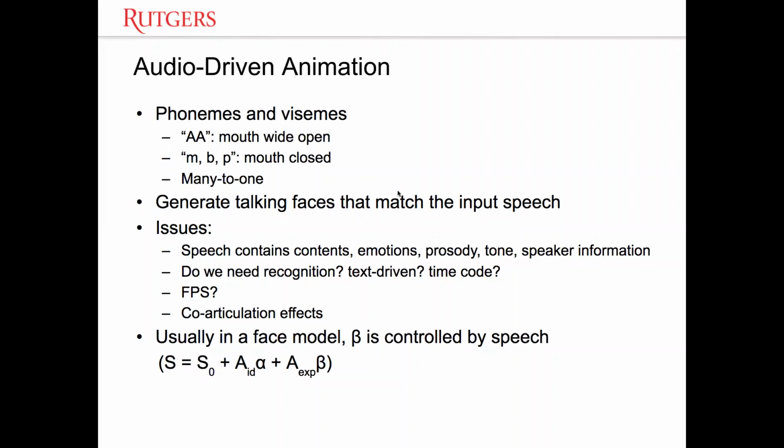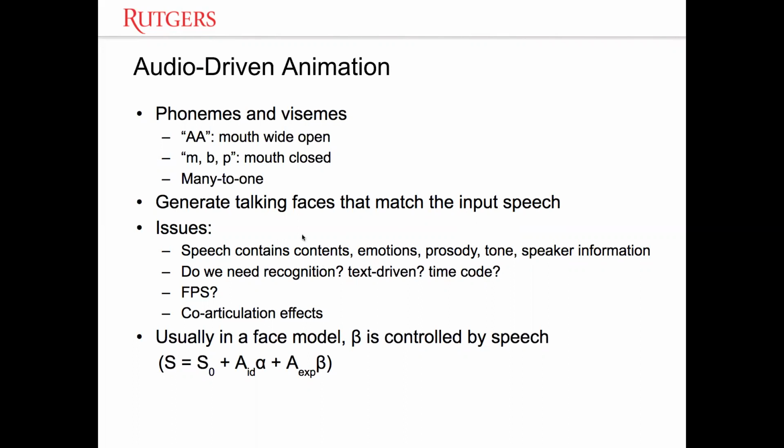And some of the remaining issues are like the speech. It has lots of information. It has the contents, the visemes, the emotions, the prosody, the tones, even the speakers. So it's important to filter out the unnecessary information and leave the contents alone.